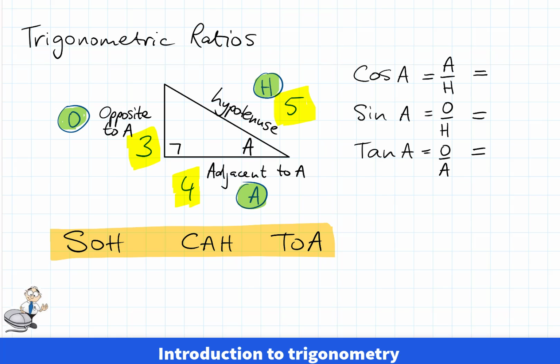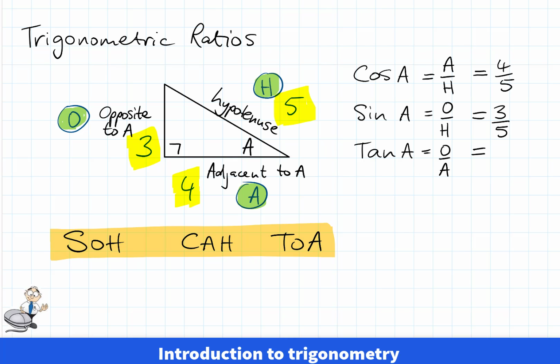If in the question we are told that the opposite to A is 3, the adjacent to A is 4, and the hypotenuse has a value of 5, could we work out the fraction values for the cosine of A, the sine of A, and the tan of A? Cosine A is adjacent over hypotenuse, 4 over 5. Sine of A is opposite over hypotenuse, so that would be 3 over 5.